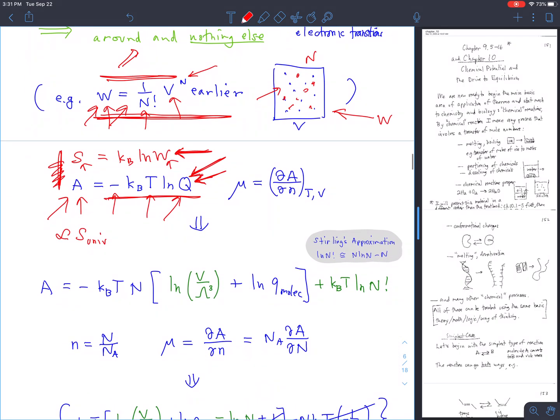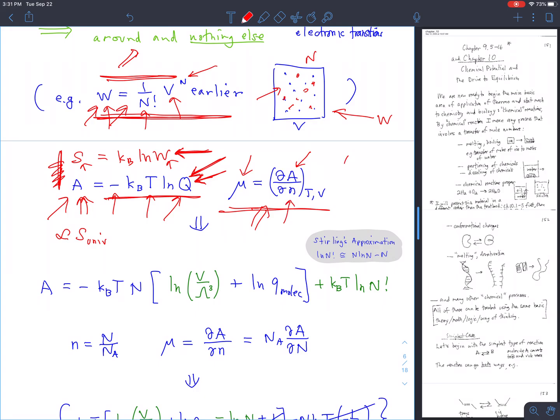All right. If this is true, then from one of our earlier formal relationships that we wrote out, the chemical potential is equal to the partial derivative of the Helmholtz free energy with respect to whatever mole number is relevant.